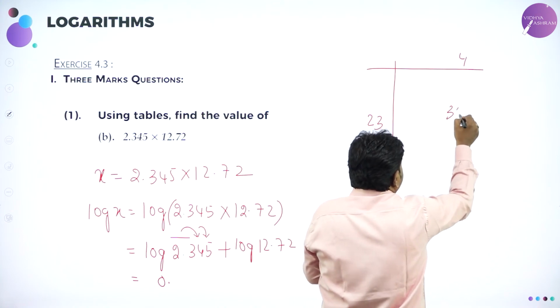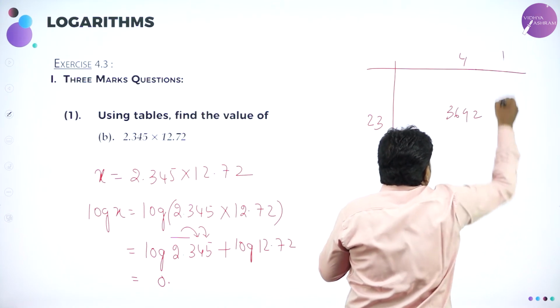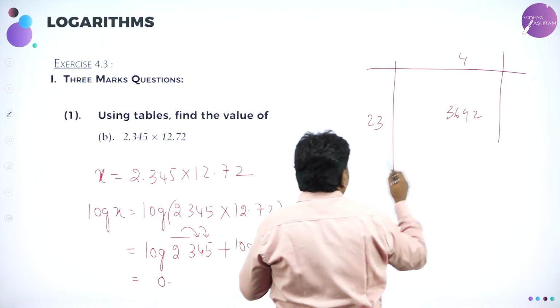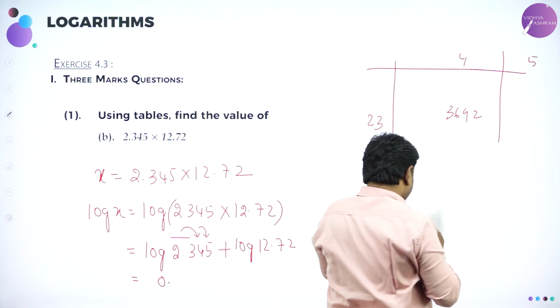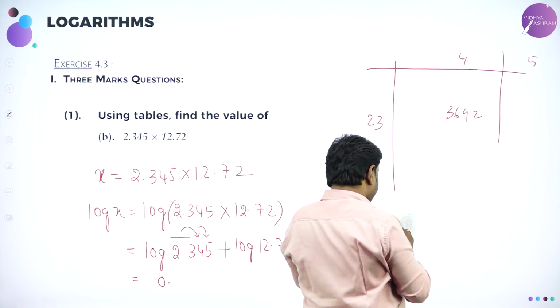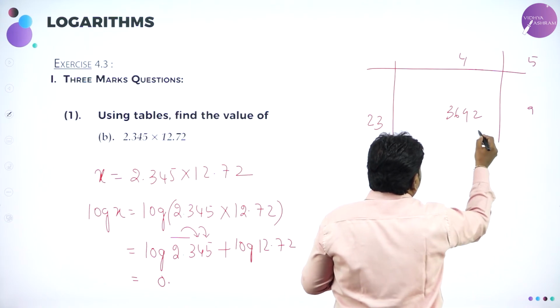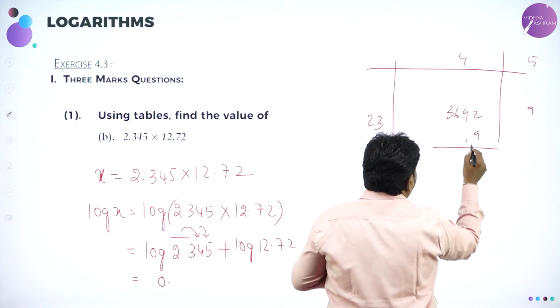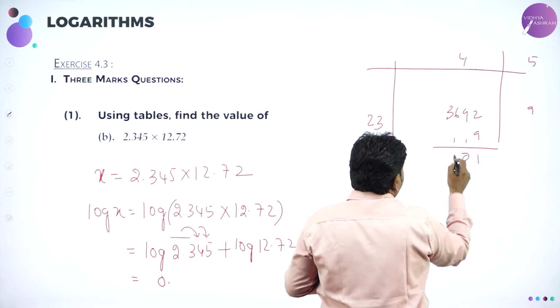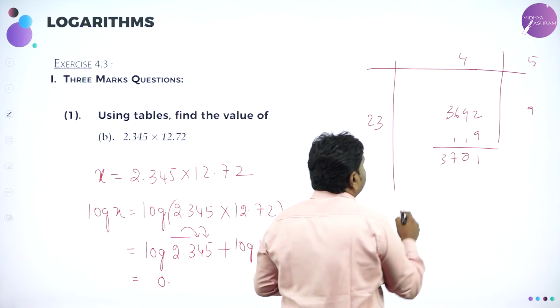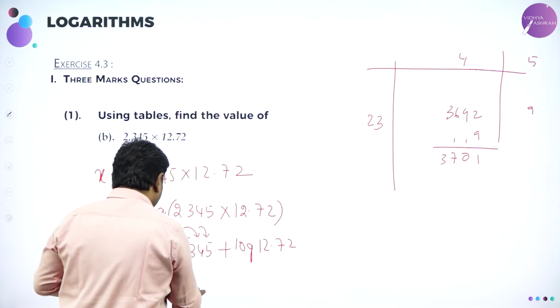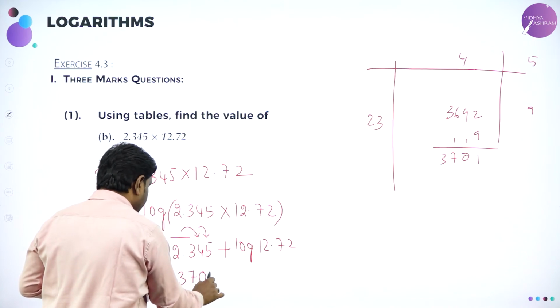So here you'll have 3692. And then in the mean difference column you should see the next digit 5. Under 23, mean difference 5 is 9. That 9 you should add here. So it will become 3701.